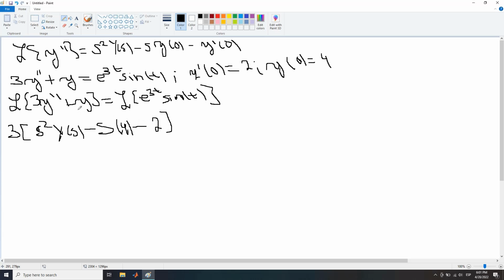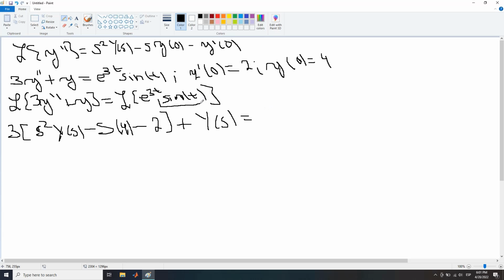Now let's calculate the Laplace transform of y, which is just plus y of s, and this will be equal to, here we have already seen this is an exponential multiplying a function, so first we have to calculate the function and then evaluate it on s minus the constant a, which is 3.